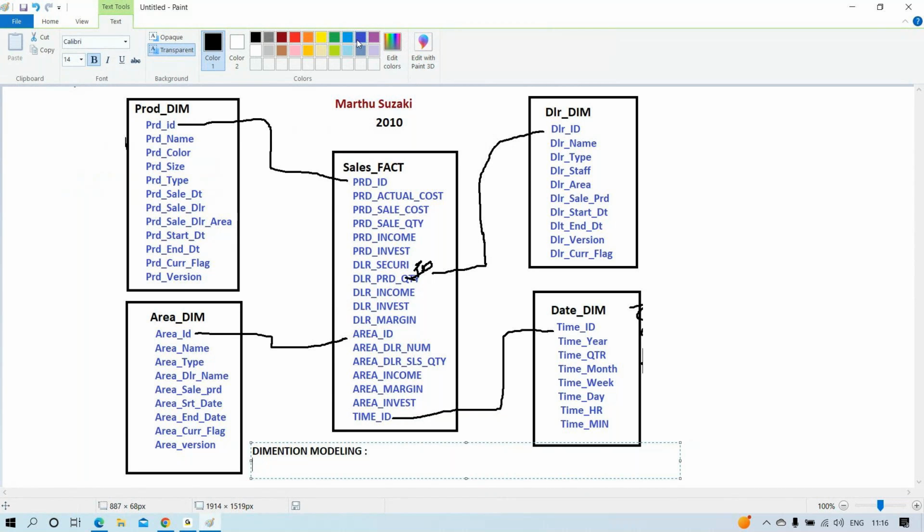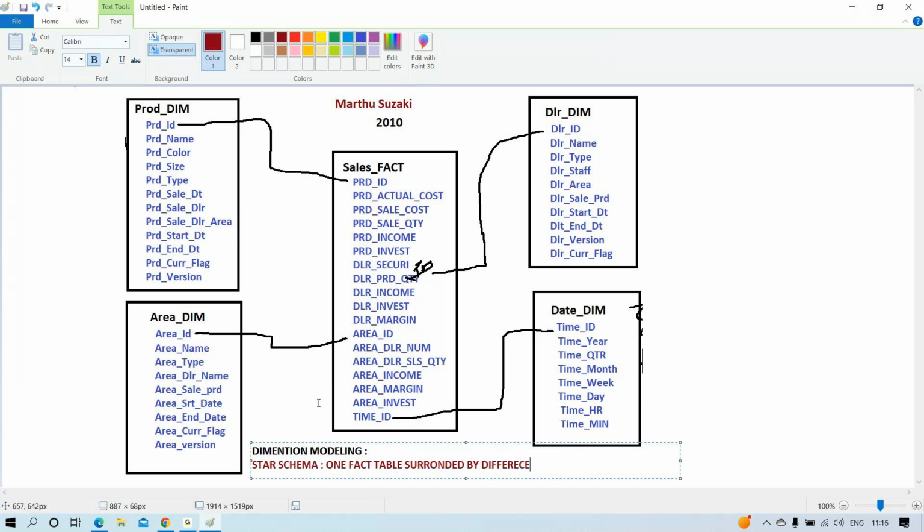So dimensional modeling will be designed using star schema and snowflake schema. The star schema means one fact table surrounded by different dimension tables. This is just the definition. Generally, if I give a definition on my own, maybe the interviewer will not accept it.